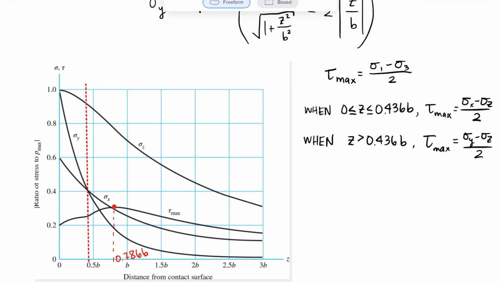This can also be accelerated by corrosion, adhesion, abrasion, but one thing is for sure, and that is that when you have surface fatigue, you do not have an endurance limit like we did for Chapter 6. So even for steels, even for steel rollers, we do not have an endurance limit.